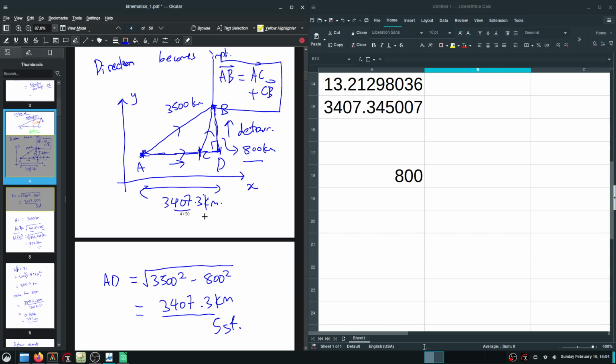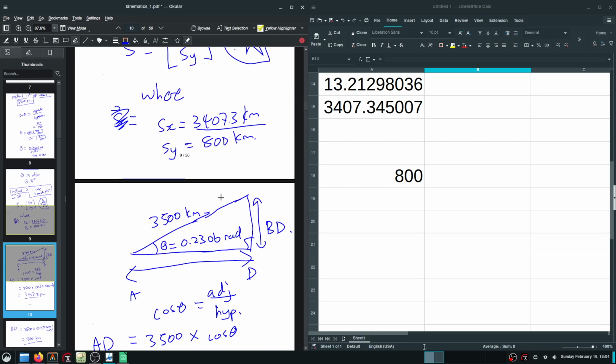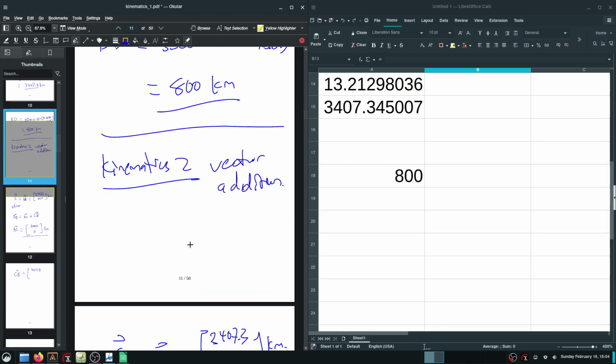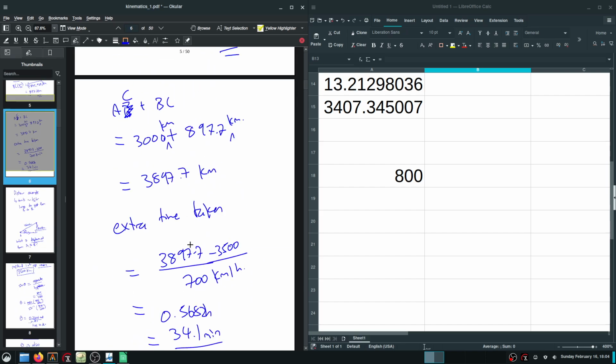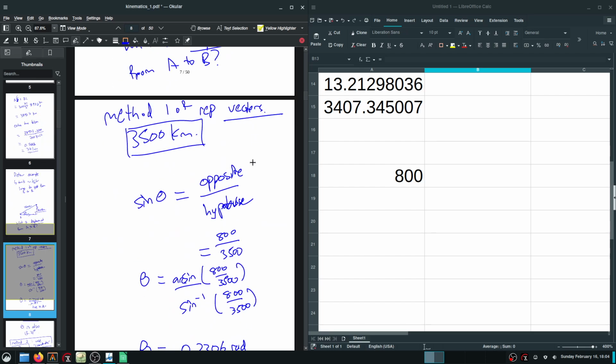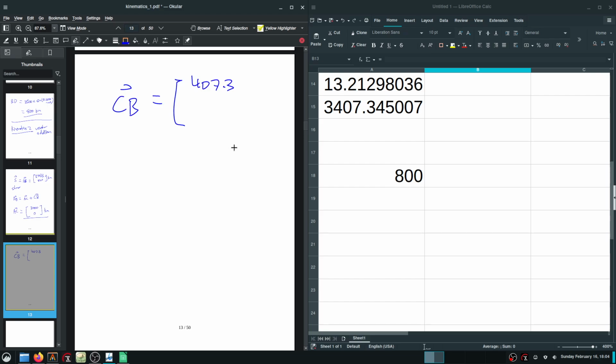That's 407.3 in the x direction, and in the y direction, which is here, it goes 800 kilometers. All right, so that's vector CB.